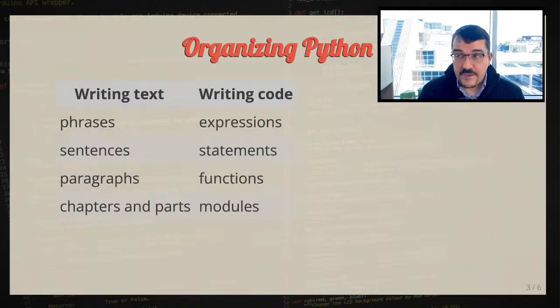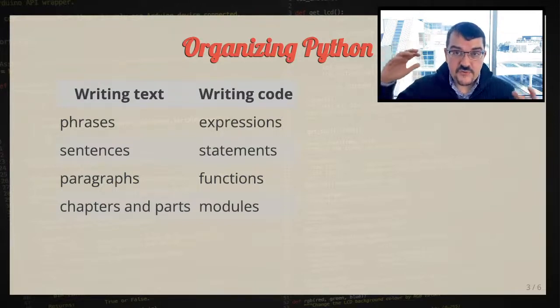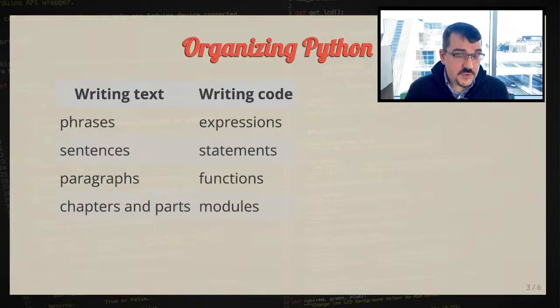Now, different programming languages may call these different things, but in Python and in lots of other languages, modules refers to a big chunk of stuff that's related to each other, which we might want to be able to use all at the same time, to gain access to all at the same time. So for example, what are some modules that we have used in this course?